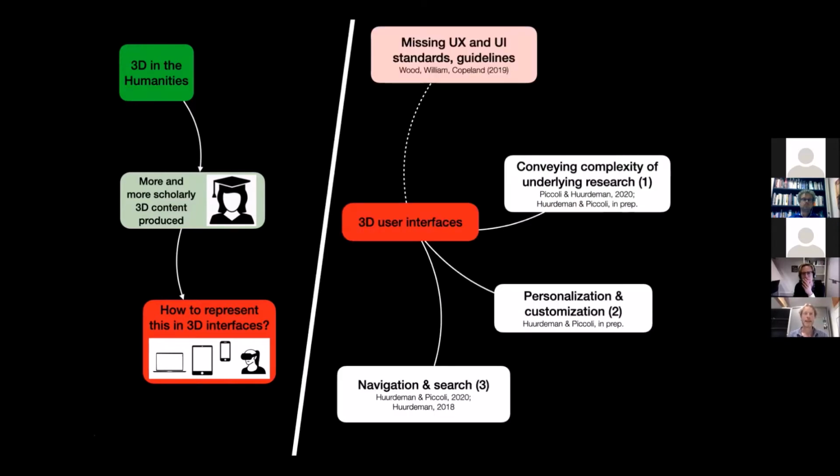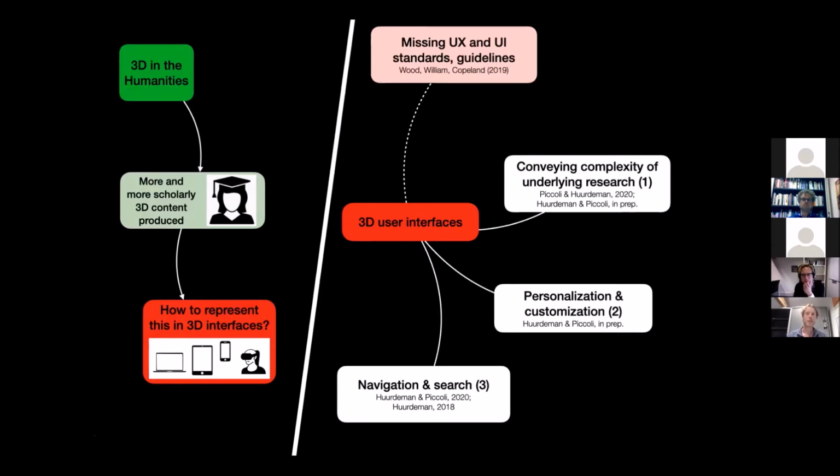So we see that more and more scholarly content is produced in 3D. And then, of course, the question is, how can you represent that in 3D interfaces that you could use on different platforms, ranging from PC to a VR headset? There are some issues there, as for regular computer interfaces you have user experience, UX, and user interface standards.